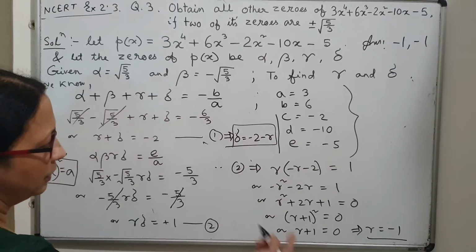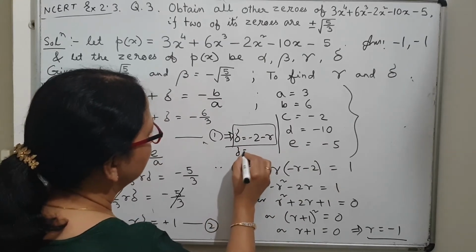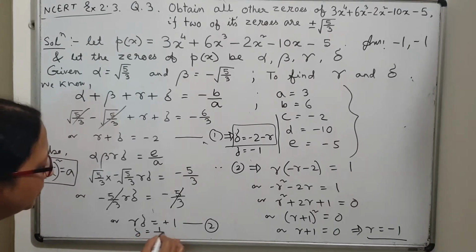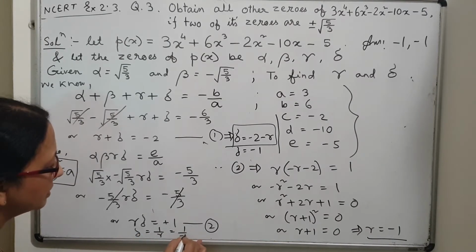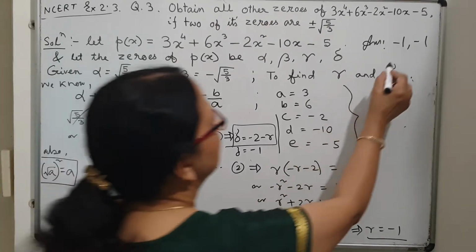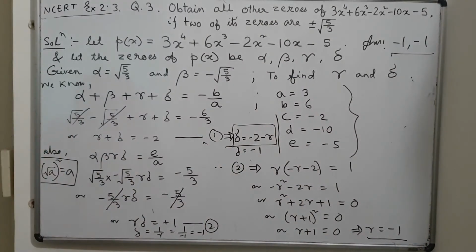From this I can get the value of delta, where delta will be also minus 1. Or I can use here, what is delta? Delta is 1 upon gamma, so 1 by minus 1 is minus 1. So very easily I can get the answers. This is the method of relationships.